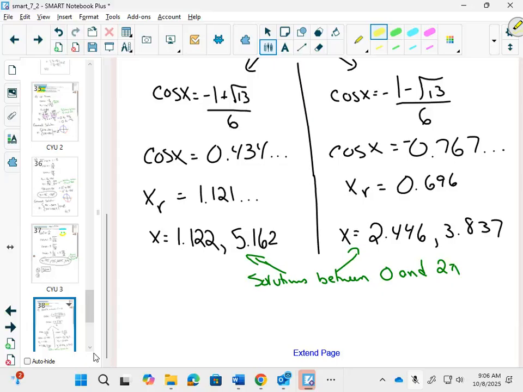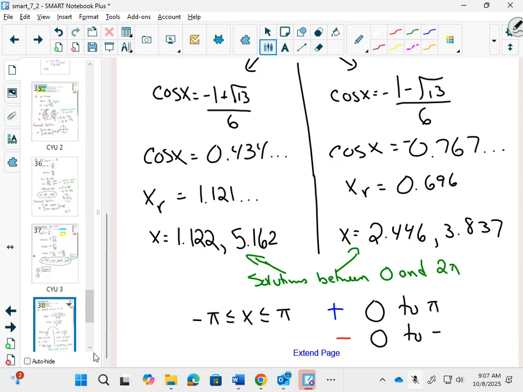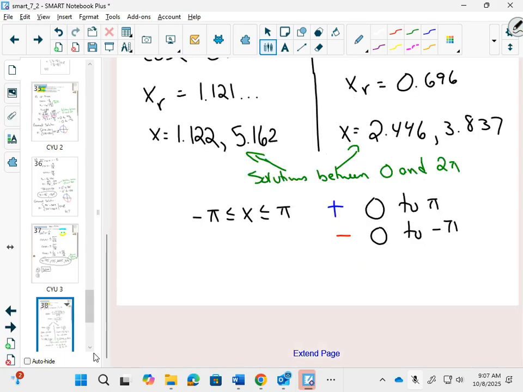So, let's think about negative pi to pi. Do you see that those are positives from 0 to pi and negatives from 0 to negative pi? Picture-wise, that would look like 0 to pi.